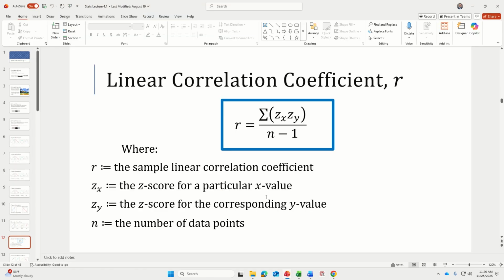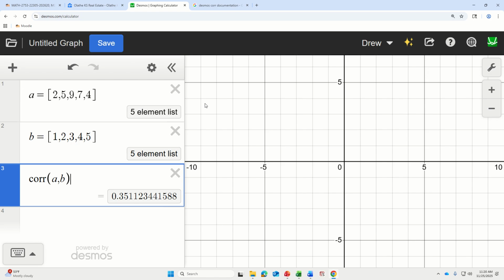You don't have to know this formula on a test. Why? Because you can use the Desmos Test Mode app on your test. And so instead of having to calculate this, you can go to Desmos, type in your two variables for your two variable statistics, and make sure they match up. The order that you type them in is very important.